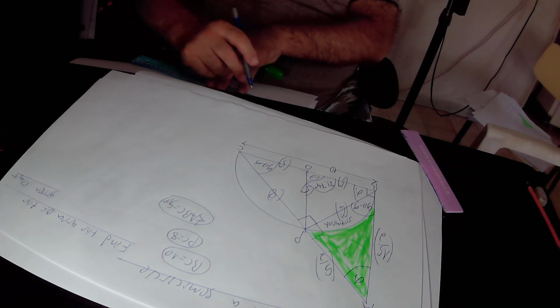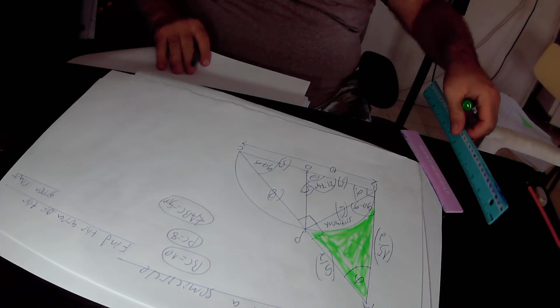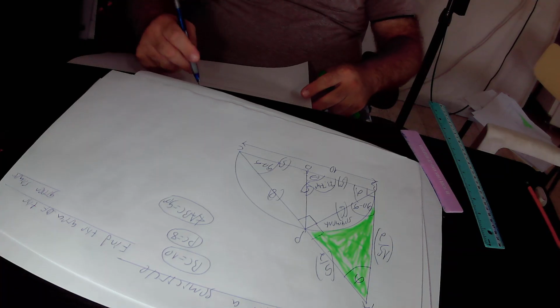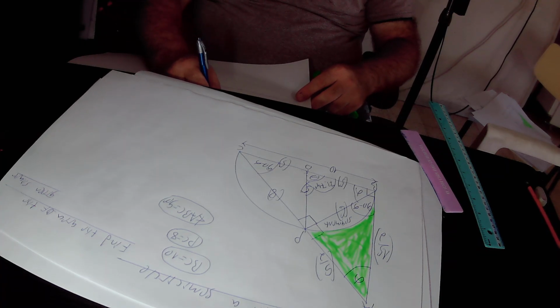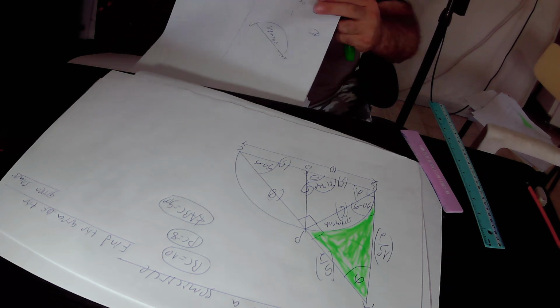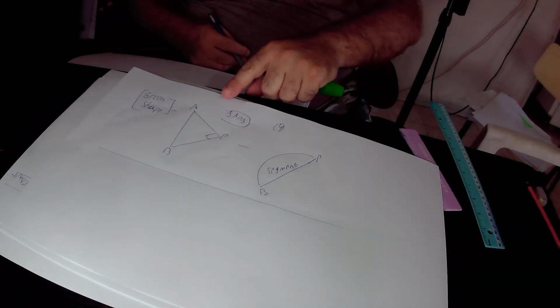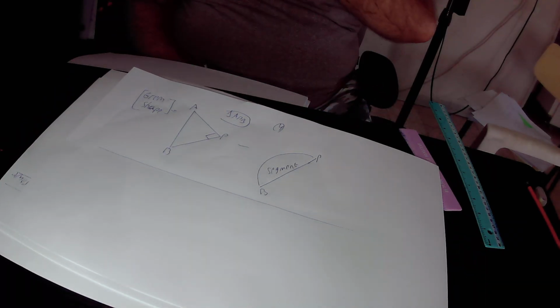So, repeat again, we should find out that the area of the green shape is equal to the area of the right triangle APB minus the area of segment BP.